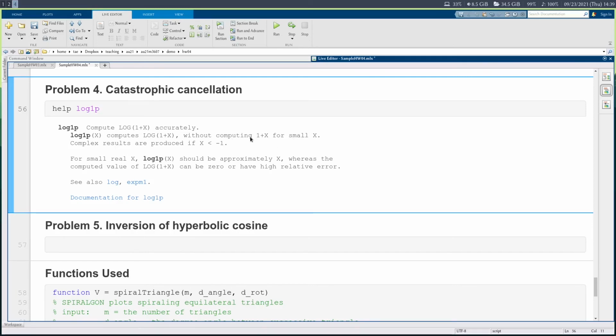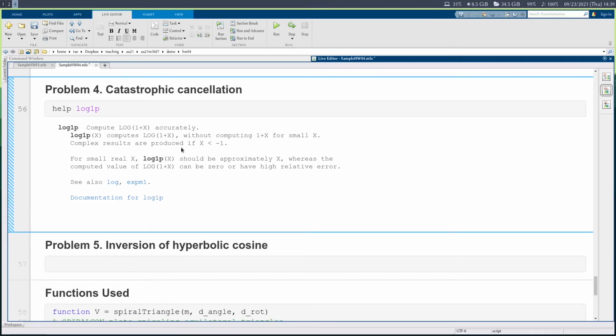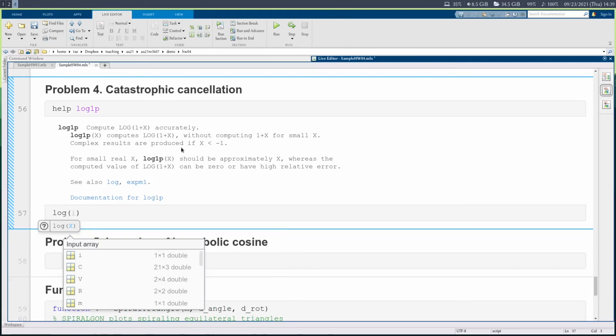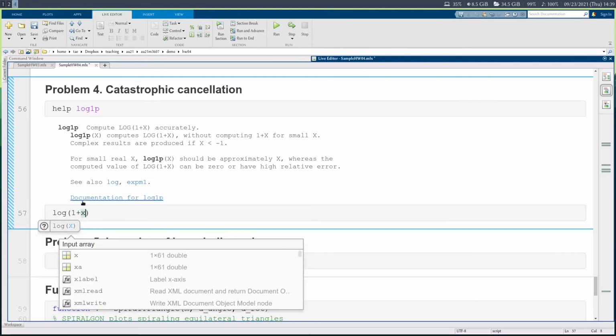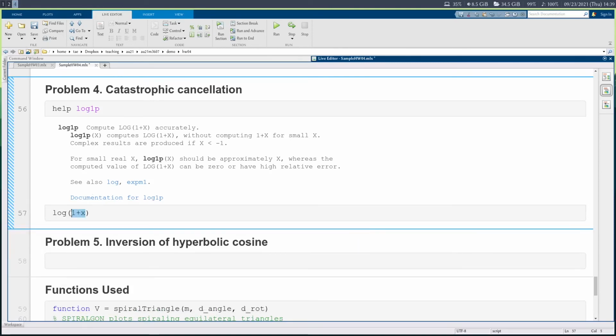So what it means is that if you do, say, log of 1 plus x in MATLAB, what it's going to do is compute 1 plus x first and then compute log.